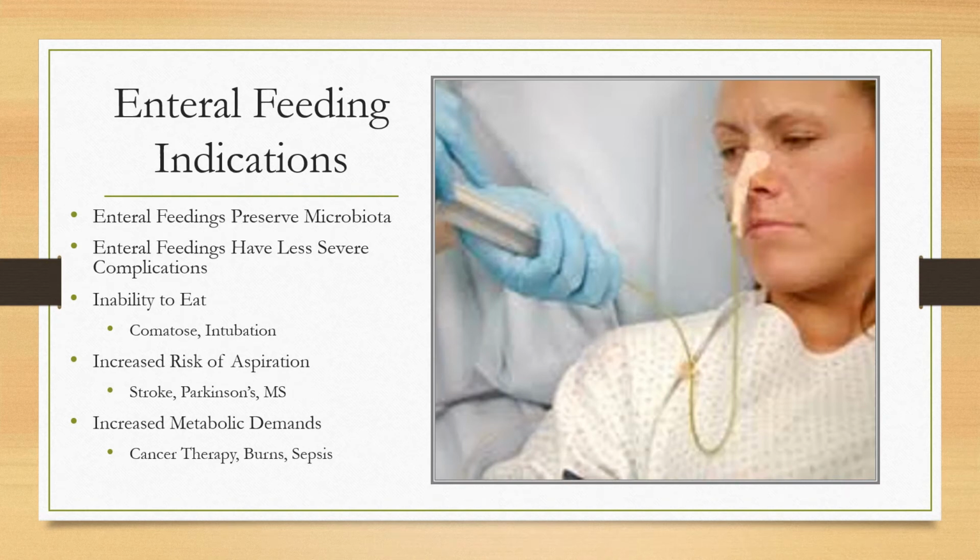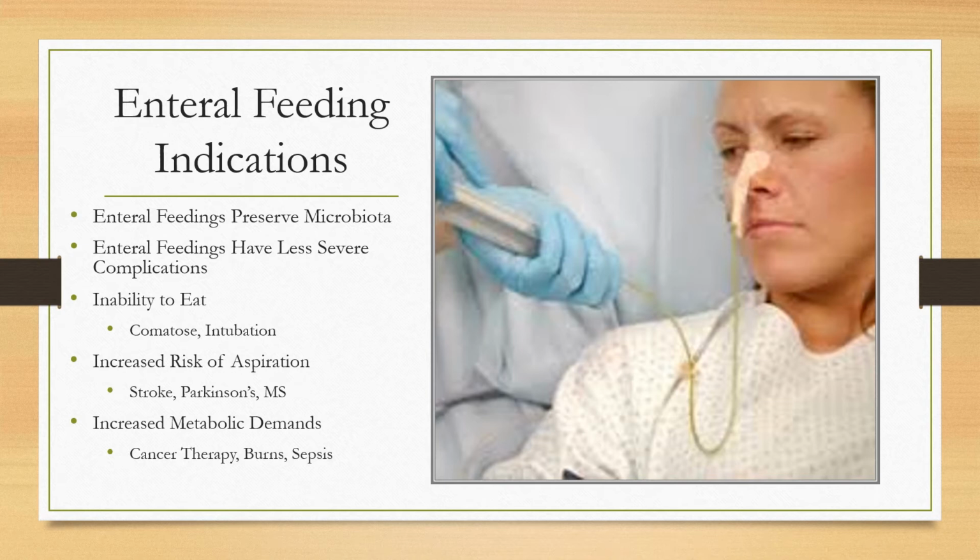Okay, so enteral feeding. And remember, enteral feeding just means you're using the gastrointestinal tract. So whether that's through the nose or through the mouth with a tube, or into the stomach with a tube, through the abdominal wall and into the stomach, or through the abdominal wall and then putting a feeding tube into the jejunum.